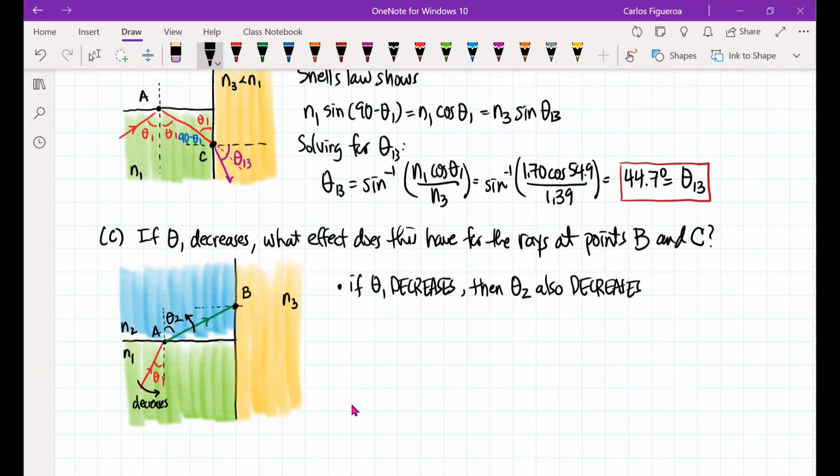That angle right there is 90 minus theta 2. So this implies that 90 minus theta 2 increases. As theta 2 gets smaller, it goes towards 90 degrees.